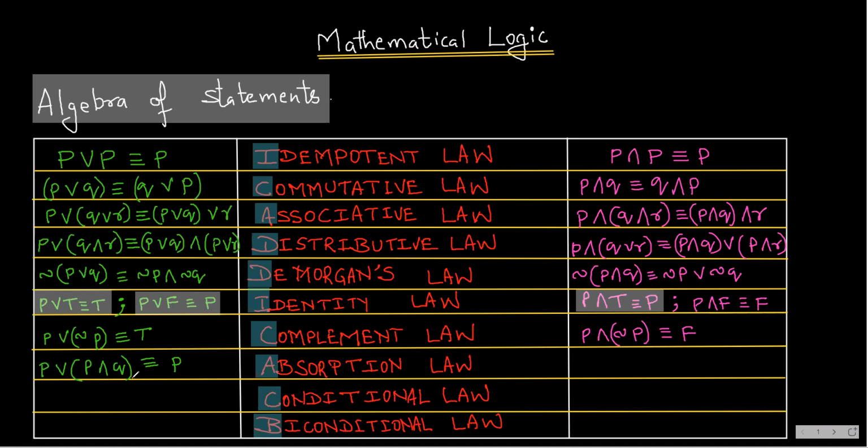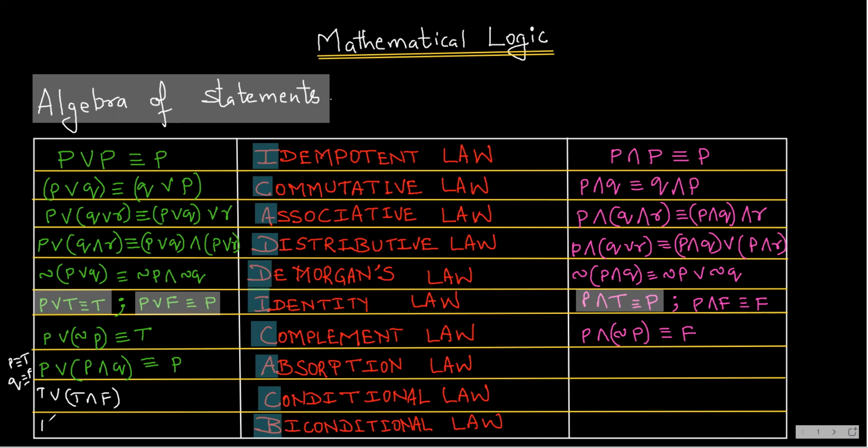P or P and Q, you can check. Suppose the truth value of P is true and Q is false. So you have true or true and false.